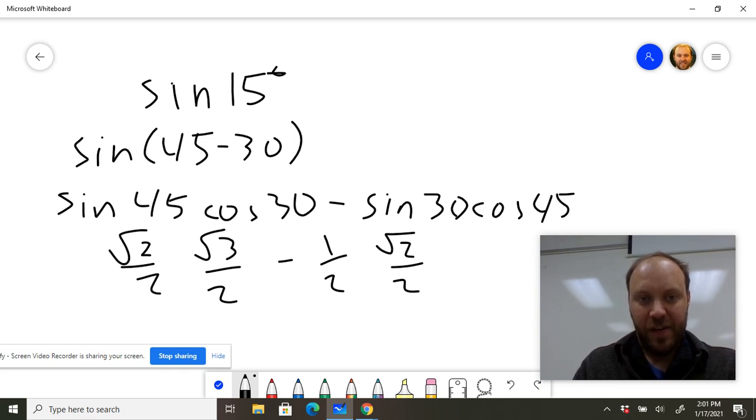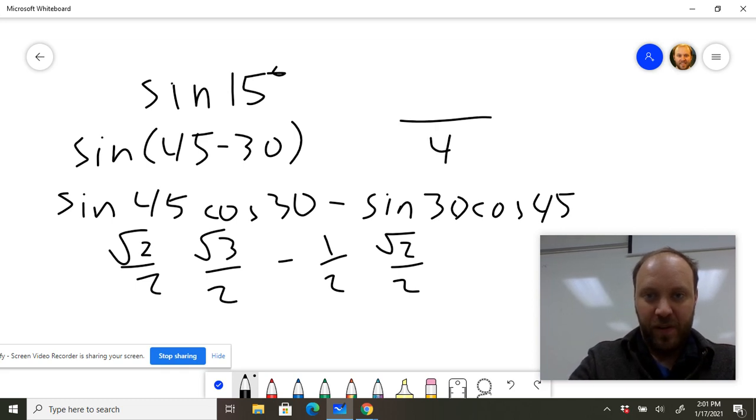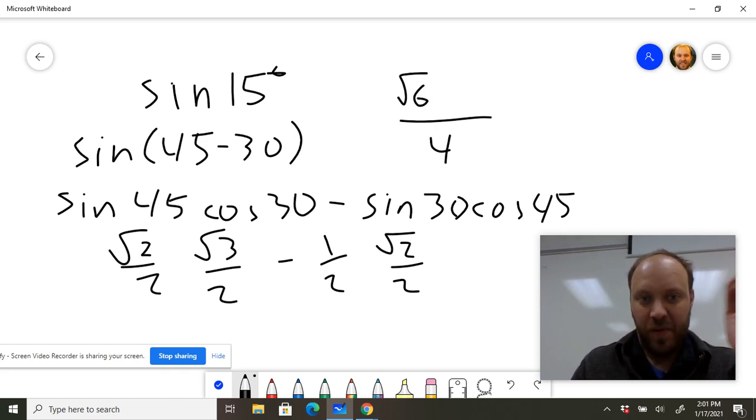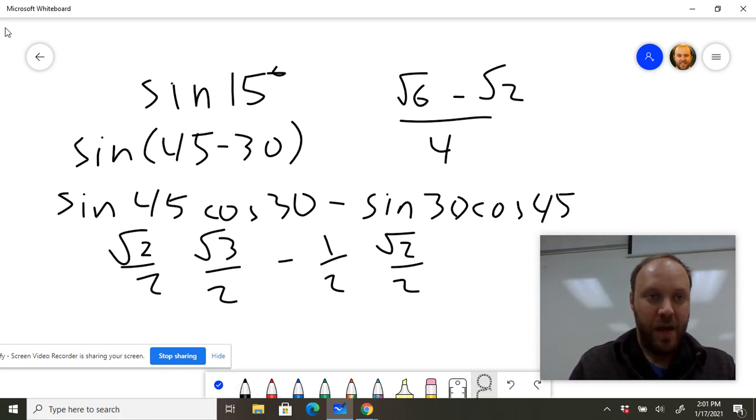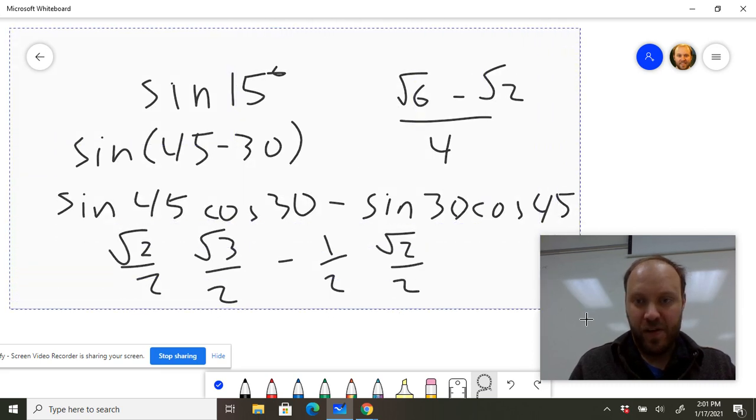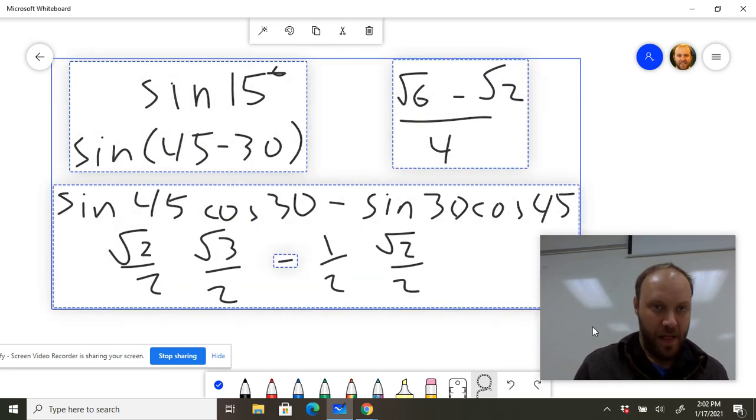When you work all that out, you're going to end up with a denominator of 4 for both of those fractions, so our final common denominator will be 4. You'll end up with a radical 6 when you multiply the radical 2 and the radical 3, and you'll end up with a minus radical 2 for the other one. And on this version of the quiz, you actually had a calculator, so you could have checked that answer in addition. All right, let's move on to the second problem here.